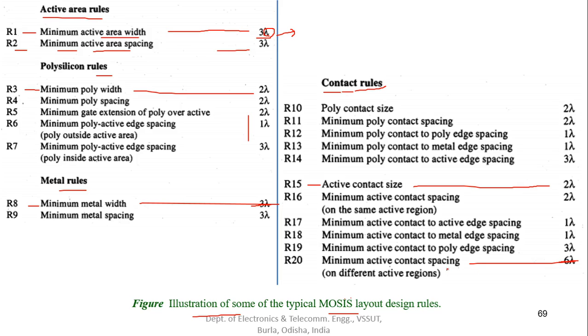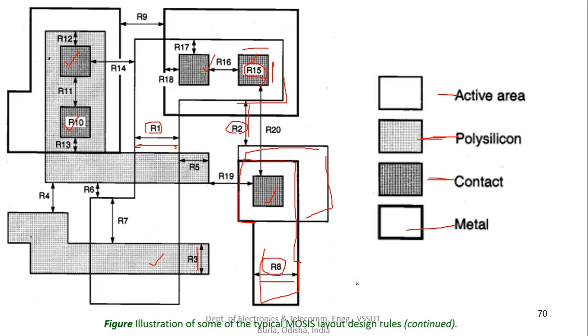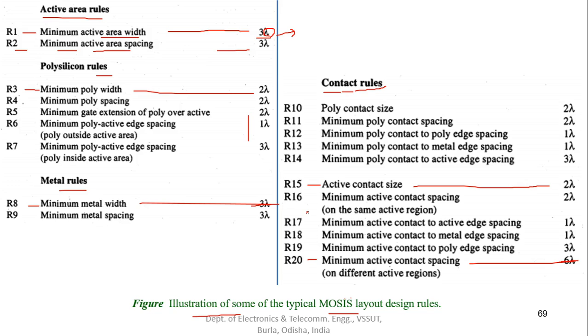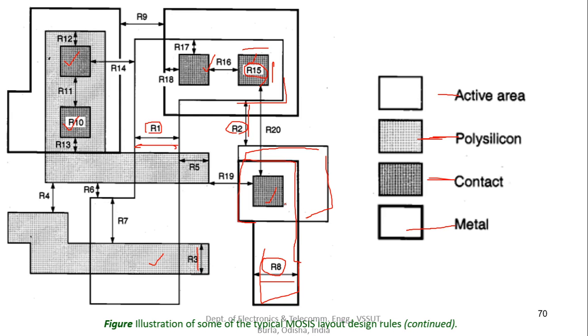Minimum active contact spacing R20, minimum active contact spacing on different active regions. Okay, R20, where is R20? So they are present on different active regions. This contact is in this active area, this rectangle.